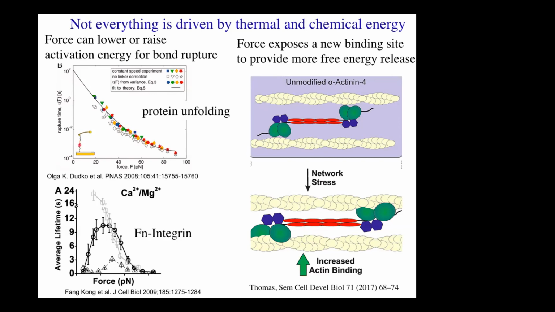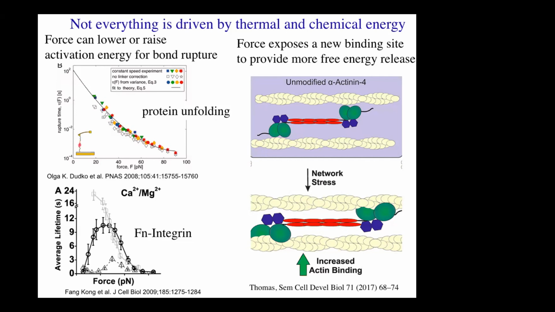So the y-axis up on the upper left is a logarithmic axis. So if you pull on this protein with 60 piconewtons of force, so that's about the force of a few tens of motors, you can unfold or break that protein bond not in 100 seconds, but in less than a hundredth of a second.